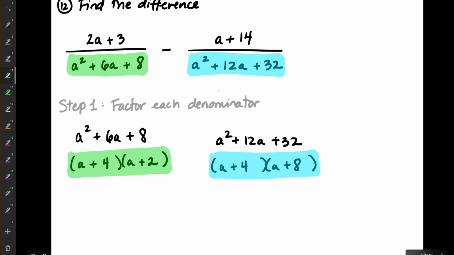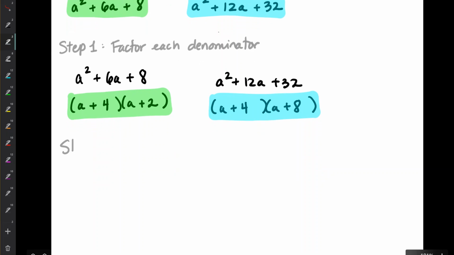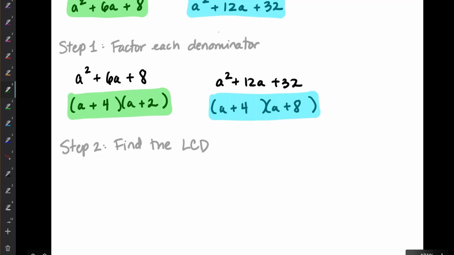So now I want to find my least common denominator. If I look at the green denominator, it has an a plus 4 factor. And so does the blue denominator. I don't need to double count this, so I just need one. I apologize, I said x instead of a.